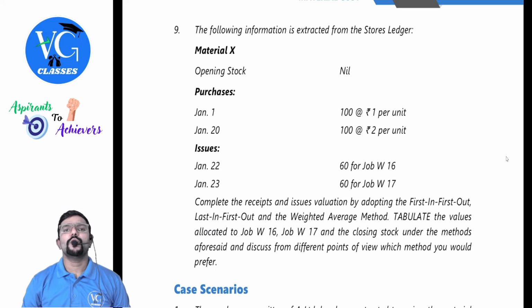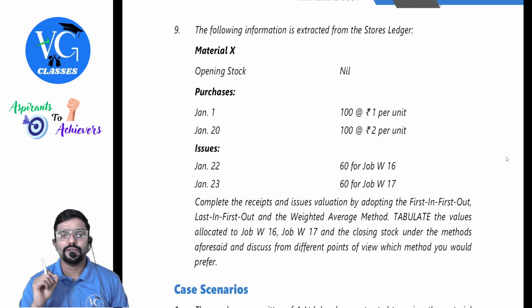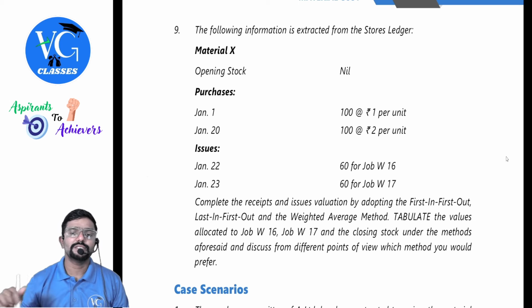Question number 9. The following information is extracted from the store's ledger. Material X, opening stock, nil. Purchases, 1st January, 100 units at 1 rupee. Jan 20, 100 units again at 2 rupees. Issues, Jan 22nd, 60 for job W16. Jan 23rd, 60 for job W17.